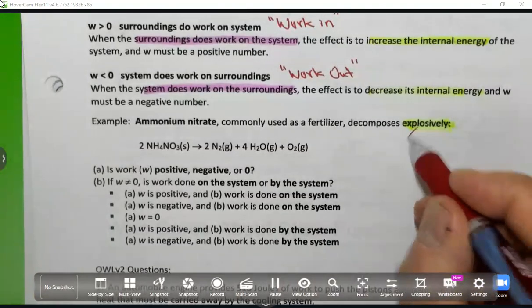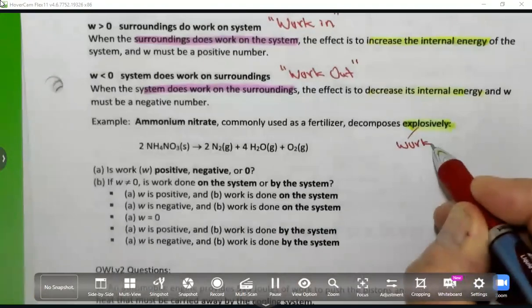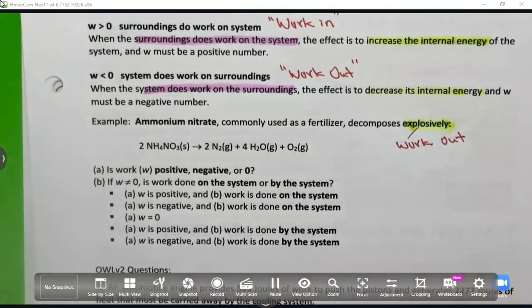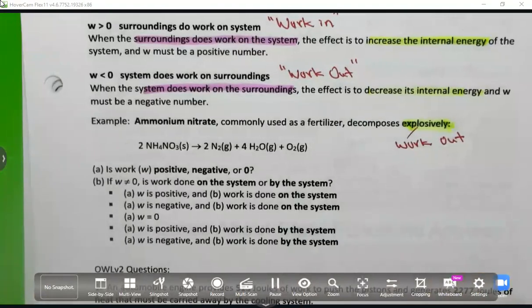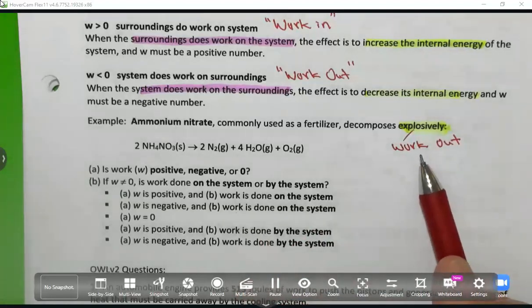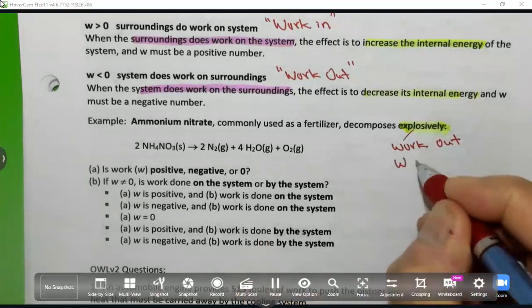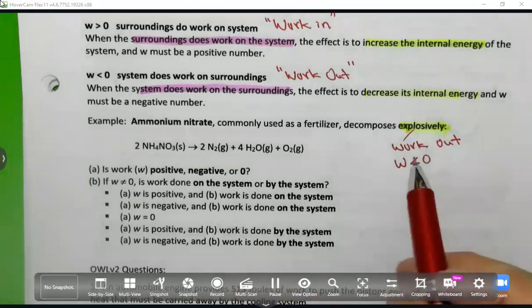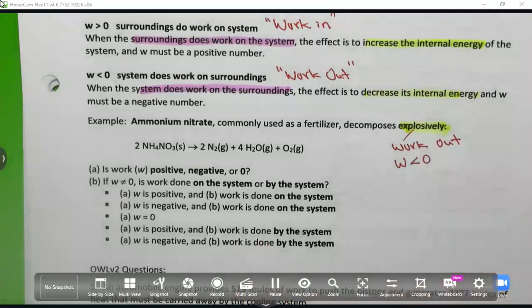For sure, you should be able to get work out if it decomposes explosively.